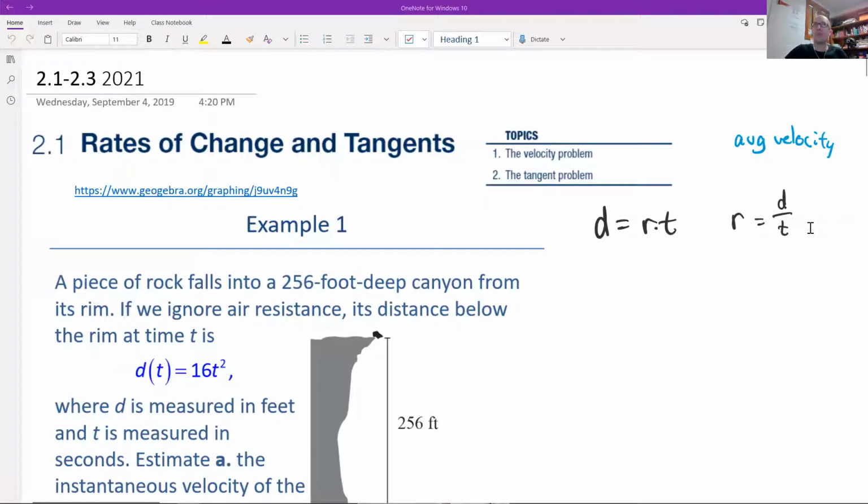And really what we're going to be doing here is, through a limiting process, taking the way that we would normally calculate average velocity and shrinking it down enough so that it approaches instantaneous velocity. And instantaneous velocity is kind of the new calculus stuff that we're learning today.